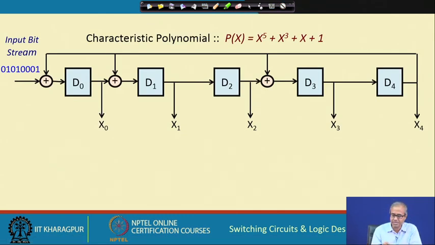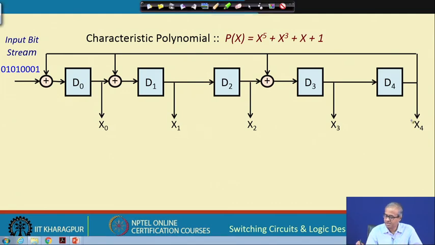Let us take an example. This is a 5 bit LFSR which implements a polynomial like this, x to the power 5, x cube, x and 1. So, the feedbacks are coming like this: x to the power 5, x to the power 4, then there is a feedback from x cube, then x. You can actually call them in a different way in terms of the polynomial.